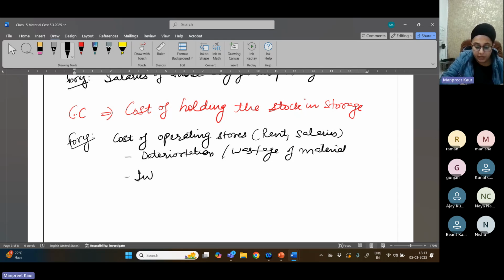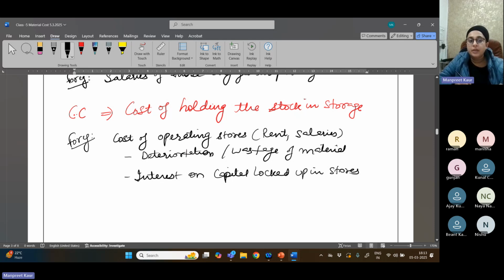We can also say interest on capital locked up in stores also comes under the holding stock, carrying cost.